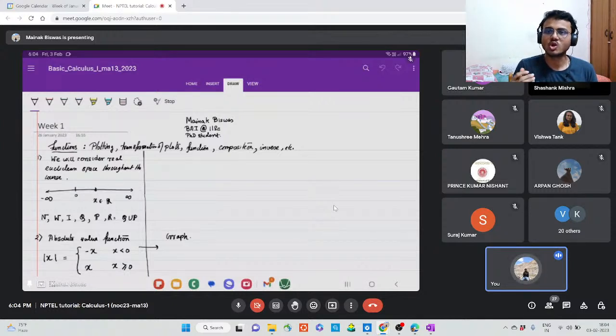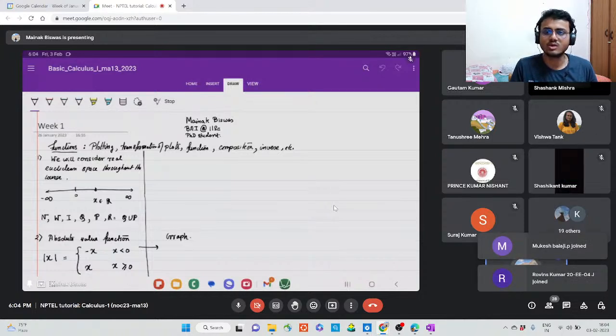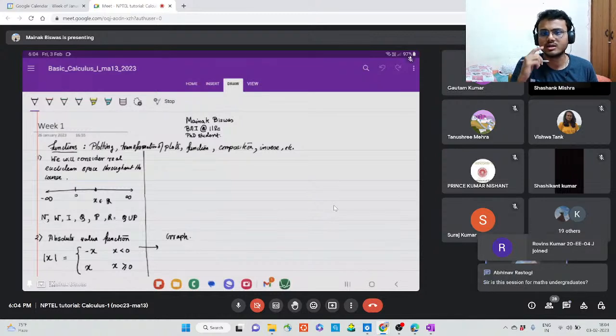Whoever is joining, I would recommend you need not join all the sessions because people would be covering the same things again and again. You can join one of these sessions according to your schedule, and choose an appropriate one of the three links that you have been shared for the three sessions that will be organized. One is today, one is on Tuesday. I'm not aware of the third one.